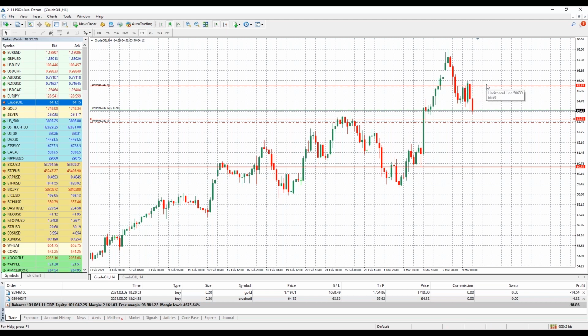If you're in it for more of a longer-term move, maybe you say, I'll put my take profit up at the all-time high, this year's all-time high, I should say. Certainly not an all-time high for crude oil, but the all-time high this year, up here around 68 or so, which occurred just yesterday.